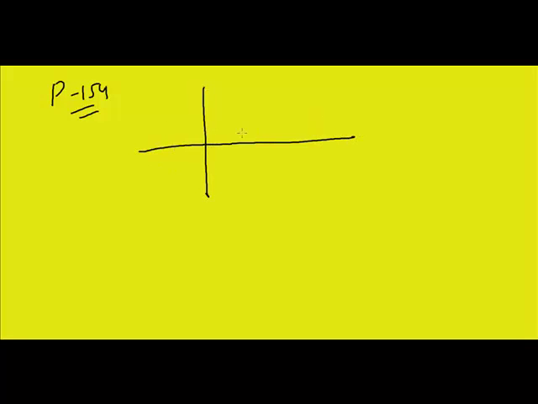Let's say you have some curve and they give you a picture of this curve, and let's call that a, and then we're going to call this b, and we'll call this function f of x, so therefore this is going to be f of b, and then this is going to be f of a.